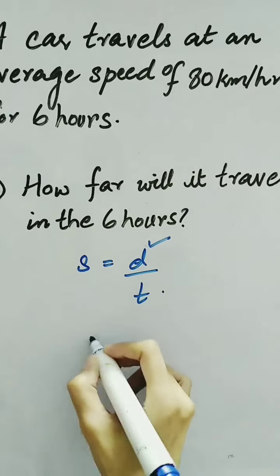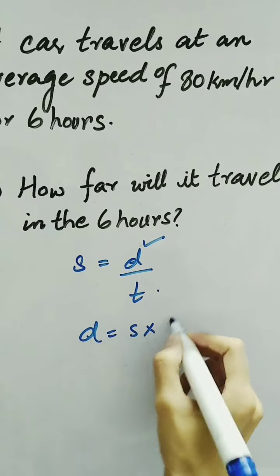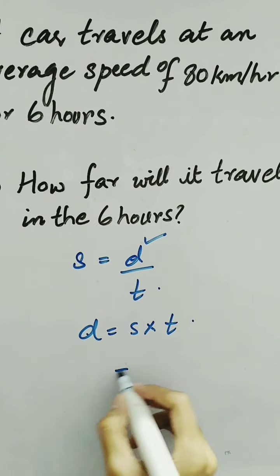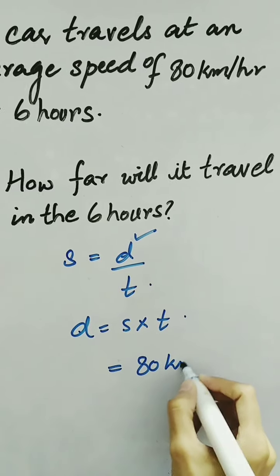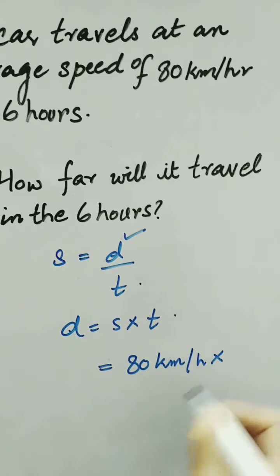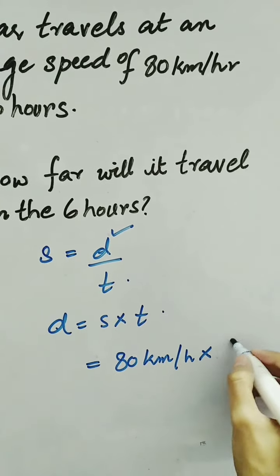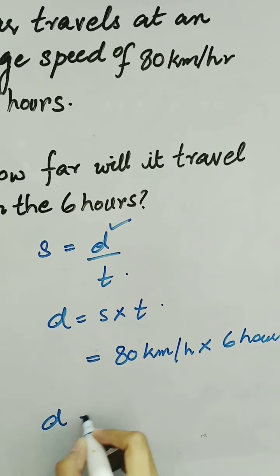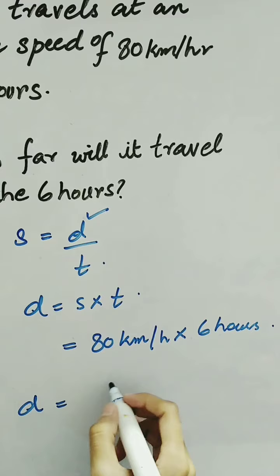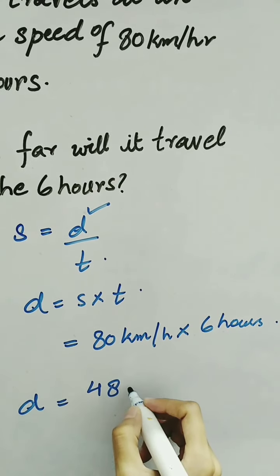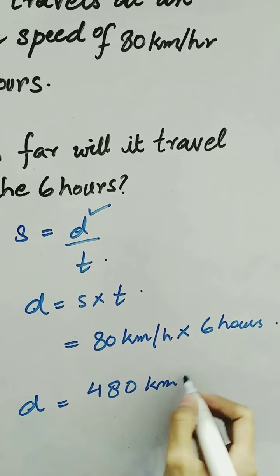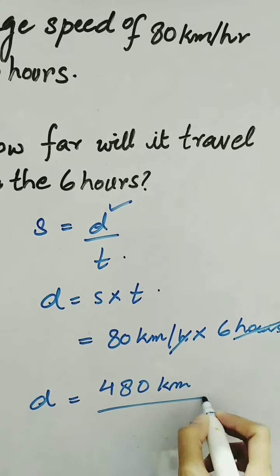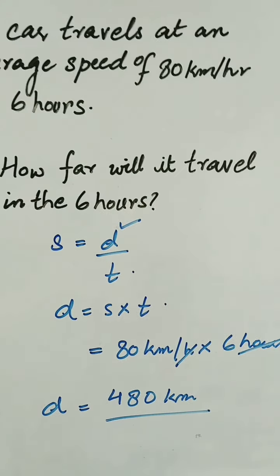So distance is equivalent to speed into time. We know the speed, which is 80 km per hour, and the time, which is 6 hours. So we can easily find out the distance, which is 480 kilometers. These hours get cancelled out with this and we have 480 kilometers.